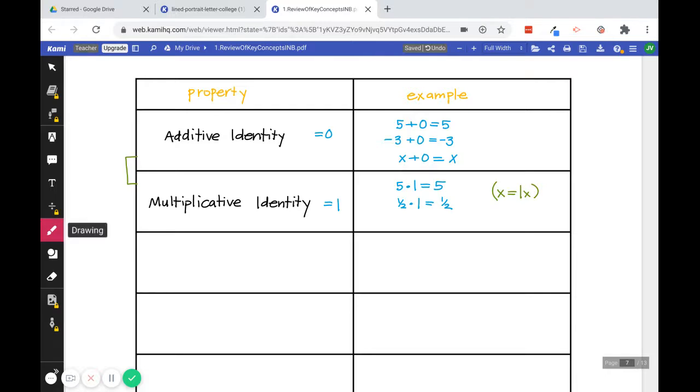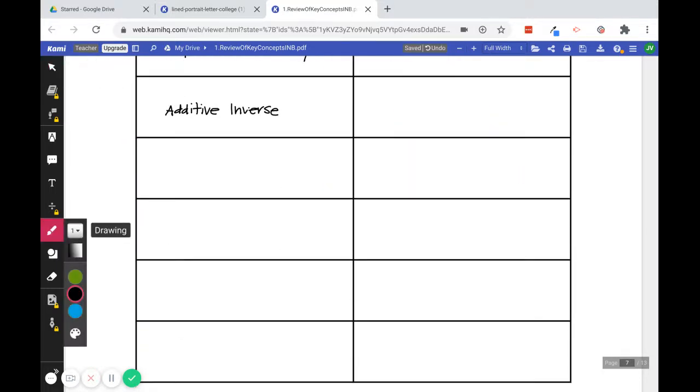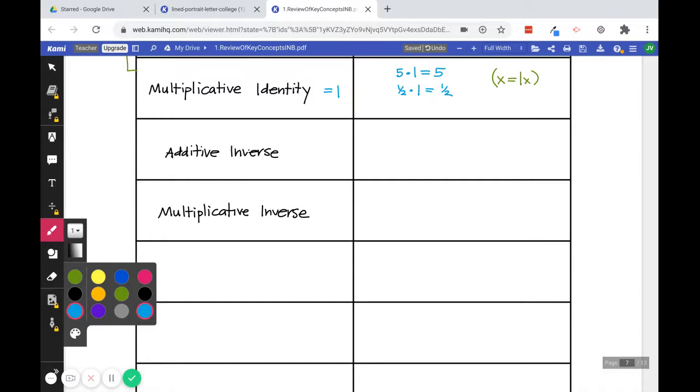Speaking of these properties that go together, we're going to also look at the additive inverse, and let me give myself a little more room, the multiplicative inverse. These are some crazy fancy names for opposite, in other words, plus and minus, or in the case of multiplication, the reciprocal.